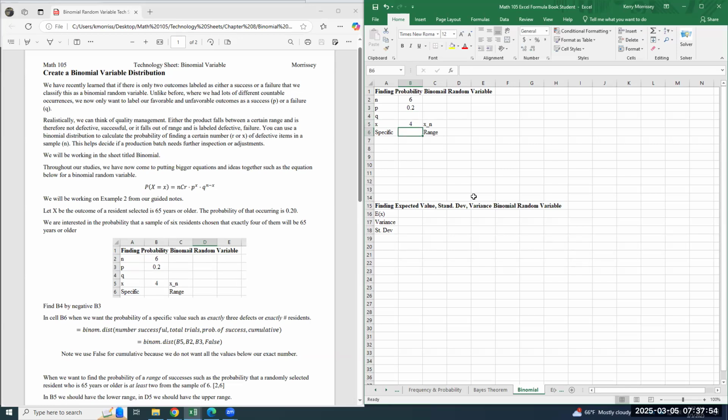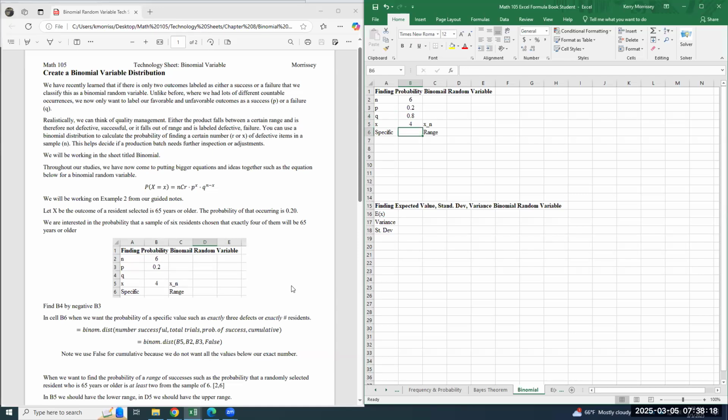So we'll use the 4 right here. Now, in order to get Q, it says B4 by negating B3, not negative B3. So it's 1 minus B3, because we want to take the opposite. That's why we should have 0.8 here.